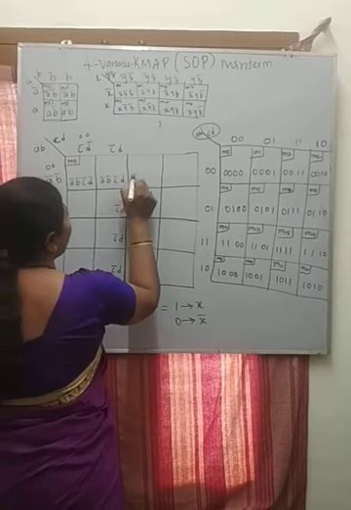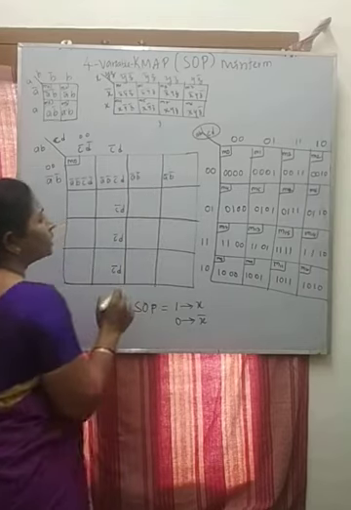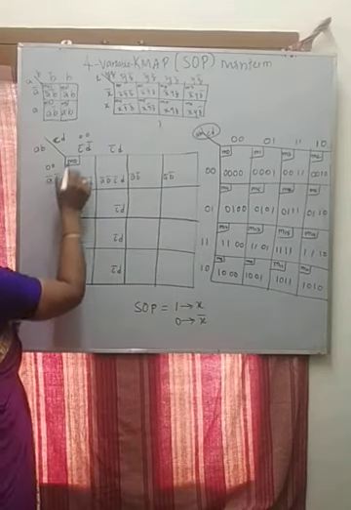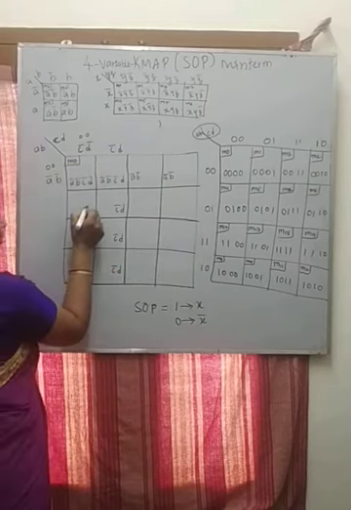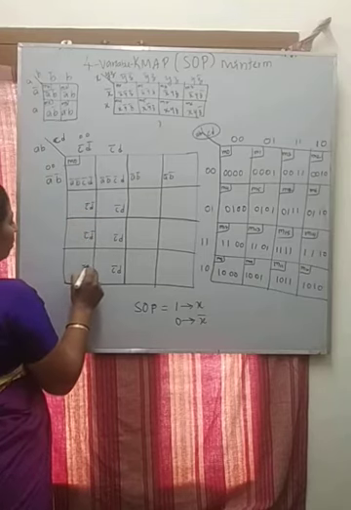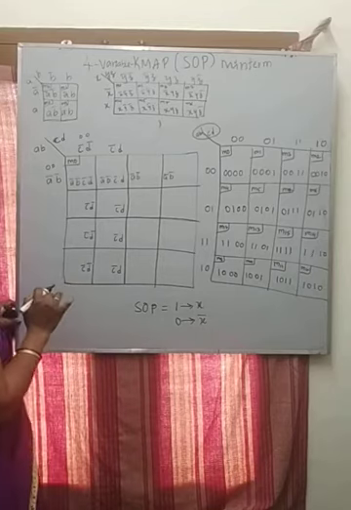Then A complement B complement is common for the row. This is the row heading, and this is your column heading. Here also C complement D complement is the column. Still I did not get your row.